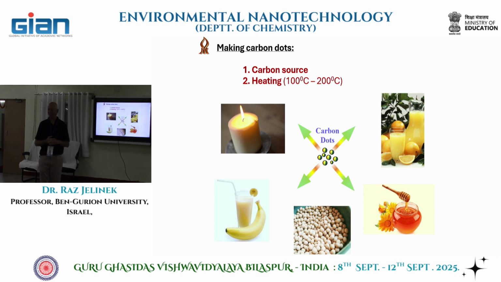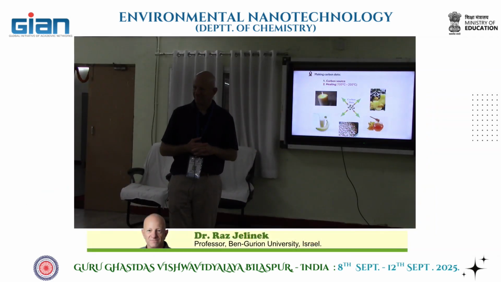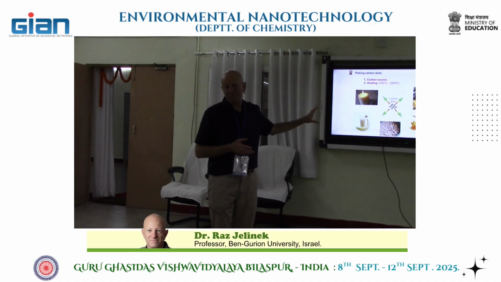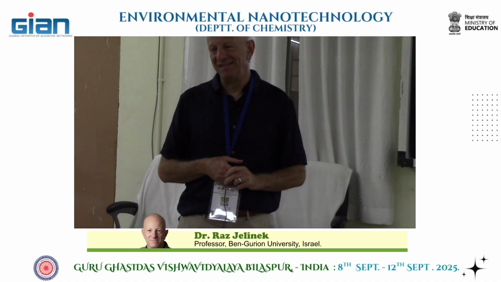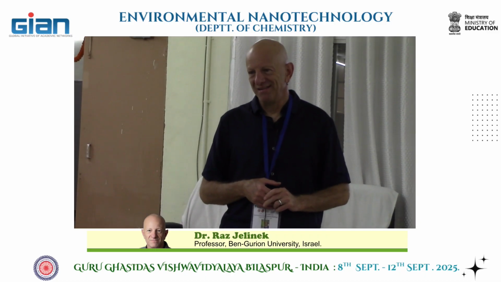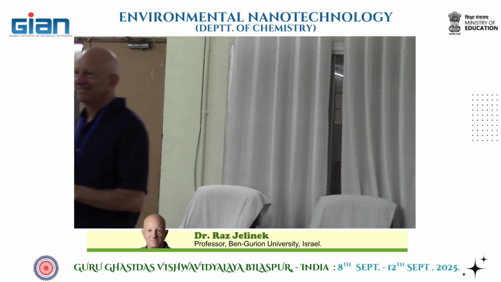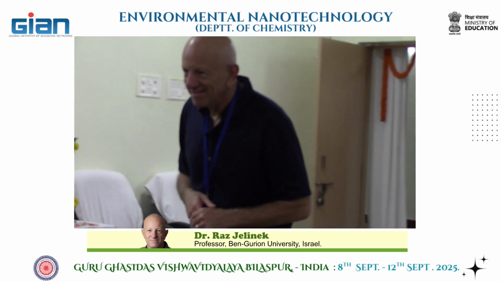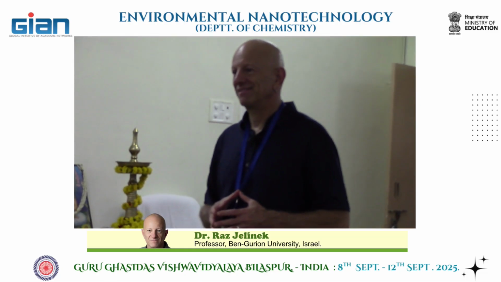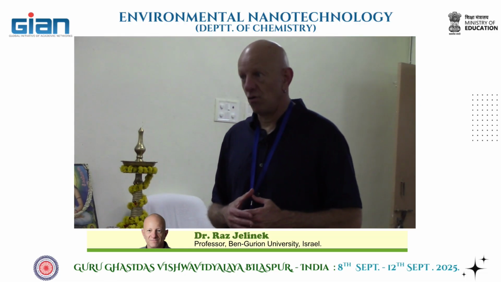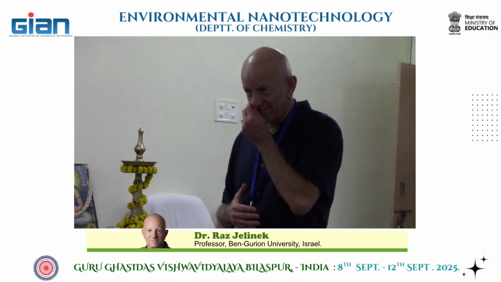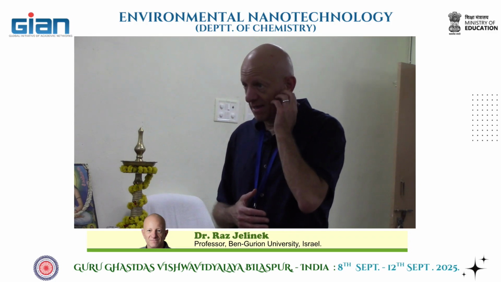And along with carbon dots, can you also make carbon nanotubes? That's much more difficult to make. I didn't make carbon nanotubes. It's much more difficult. Like pyrolyzing from biomass, you take a carbon source. It is possible to make graphene type material also. Of course, at a lower temperature, around 250.